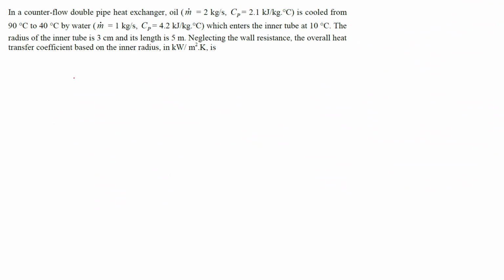So that is, we can write Q is equal to Hi Ai into delta T is equal to m Cp delta T. Now this should be log mean temperature difference, but for our case this will be 30 degrees Celsius. So this we can consider either for oil or for water, whatever we want. So let's just consider this for oil.